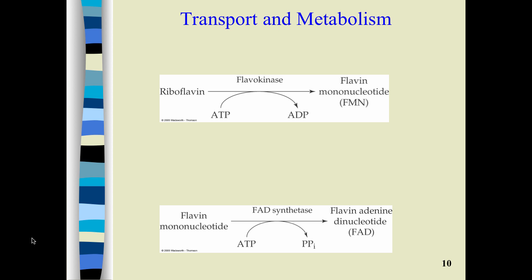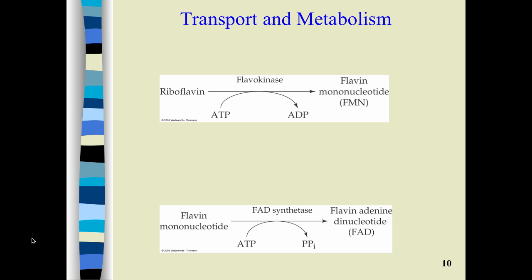So here's the first reaction. Riboflavin goes into a cell and is converted to FMN. Then FMN, flavin mononucleotide, can be converted to FAD. The enzyme that converts FMN to FAD is called FAD synthetase. That makes sense, right? Now this reaction is a little bit different because rather than just removing a phosphate, you need the adenine, because now we're making adenine dinucleotide.